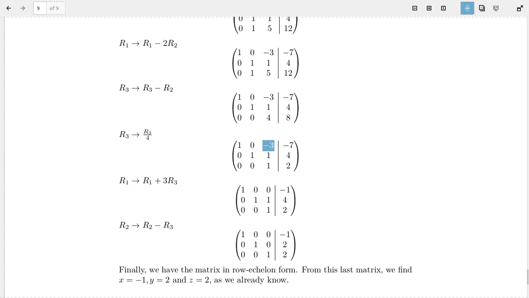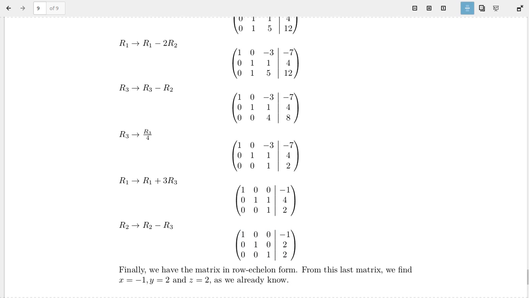And of course, minus 7 plus 6 gives me minus 1 here. And I need to make this guy 0. So the best way to do it is changing R2 to R2 minus R3. So 1 and minus 1 cancel out to give me 0, and 4 minus 2 gives me 2. So this is in reduced row echelon form.